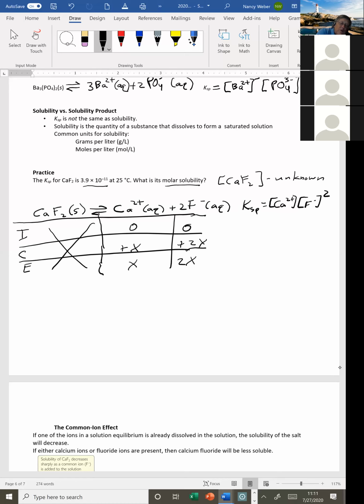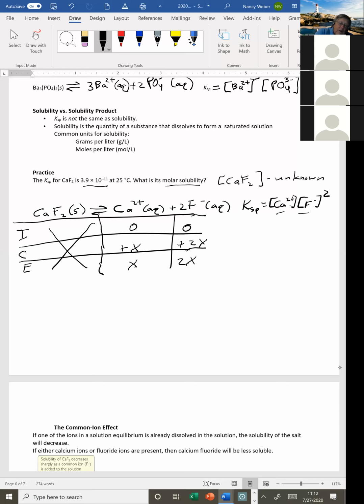Is there anyone who does not see where the 2x comes from? Okay. So now I substitute these values into my KSP equation.